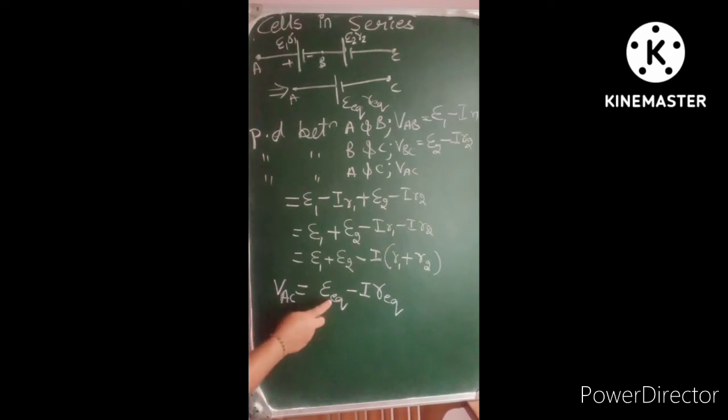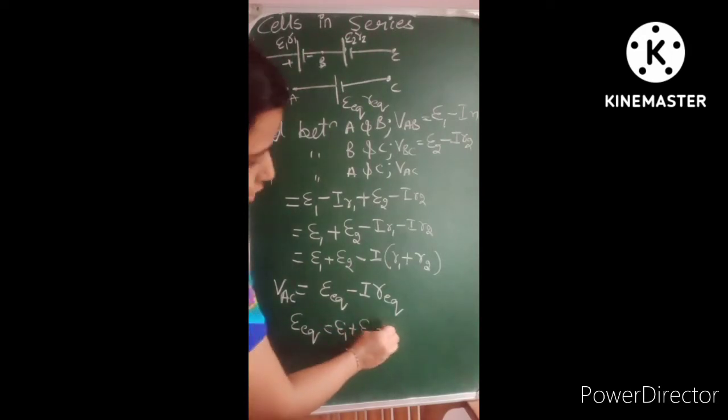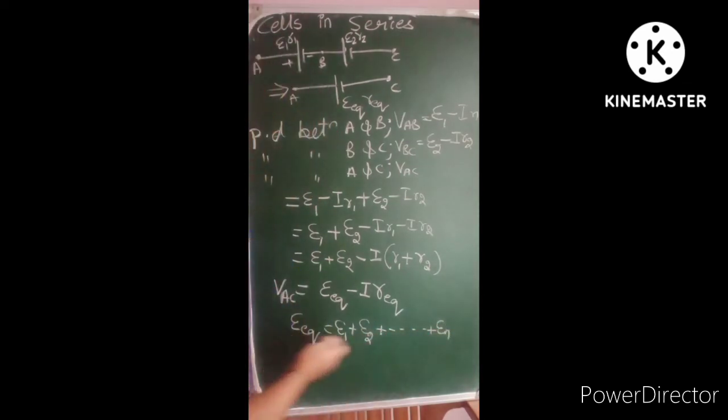Here the value of E_eq is nothing but E1 plus E2. Suppose there are n cells having EMFs E1, E2, E3 and so on up to En, then E_eq becomes E1 plus E2 plus E3 and so on up to En.